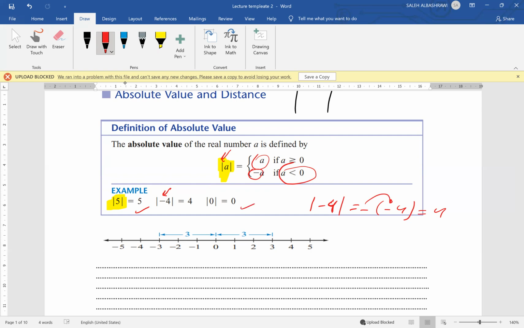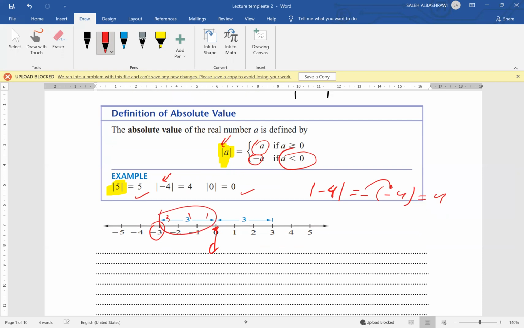Just to make it clear, we can define the absolute value as the distance of the number from the origin, from the 0. If we think about this figure, this is the origin 0. The absolute value of minus 3 means we are calculating the distance between minus 3 and the 0. If we count how many units, this will be 1, 2, 3.